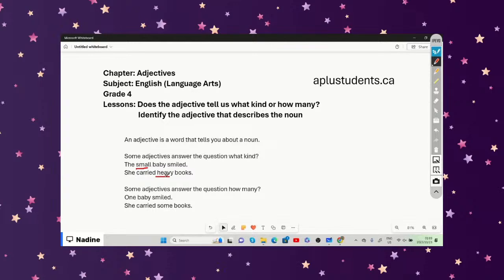And then we also have some adjectives that answer the question, how many? So basically, one baby smiled.